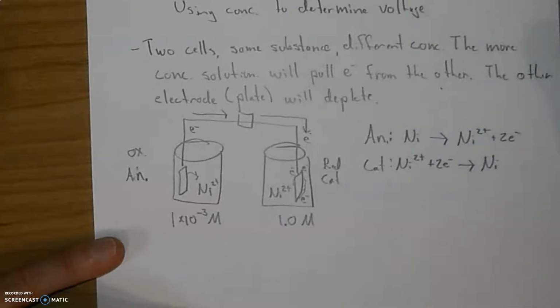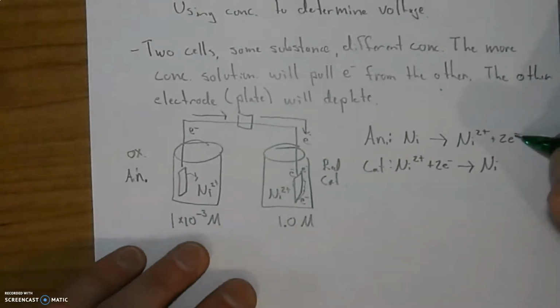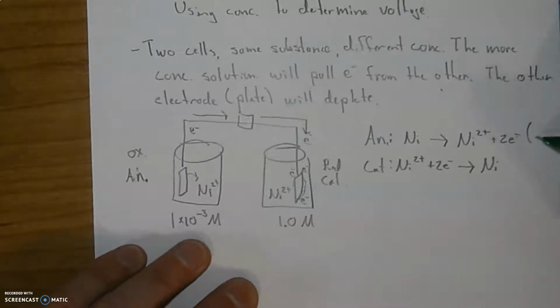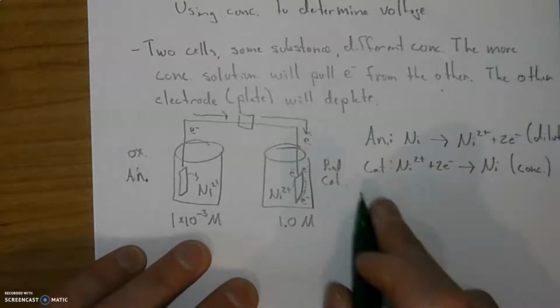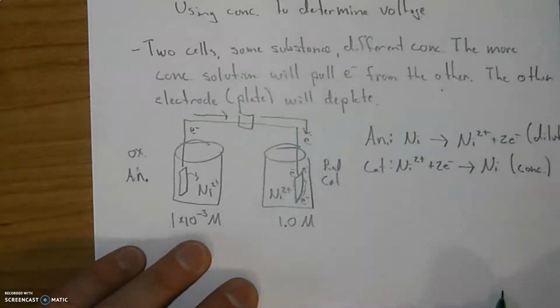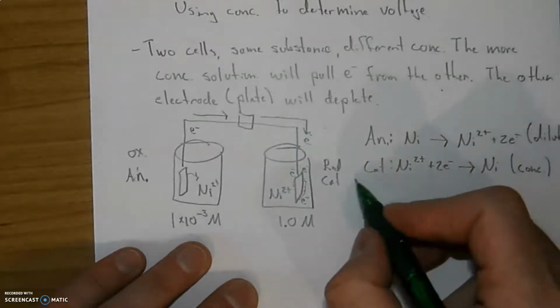And based upon which concentration I have here, this one is going to be the dilute solution, and this one is going to be the concentrated solution, based upon what I described as cathode and anode.